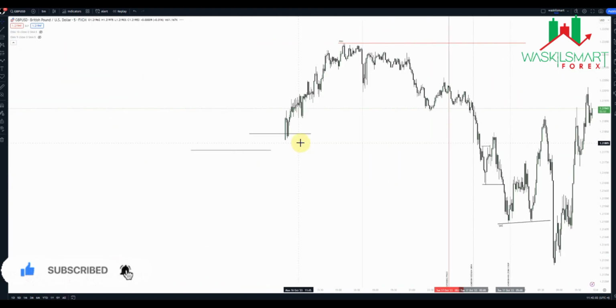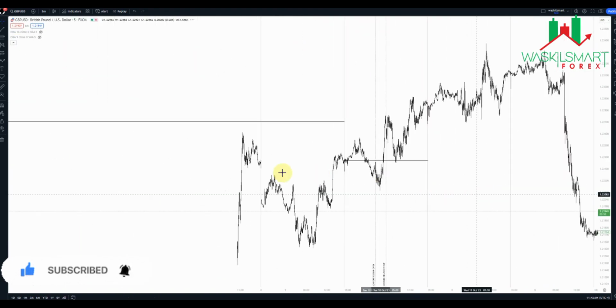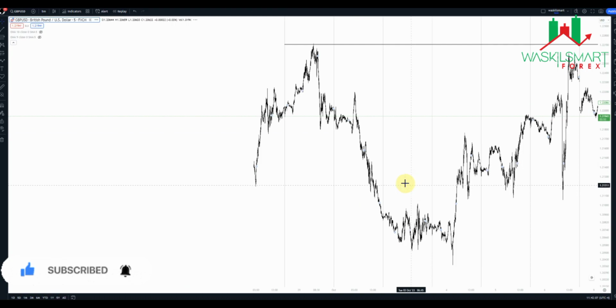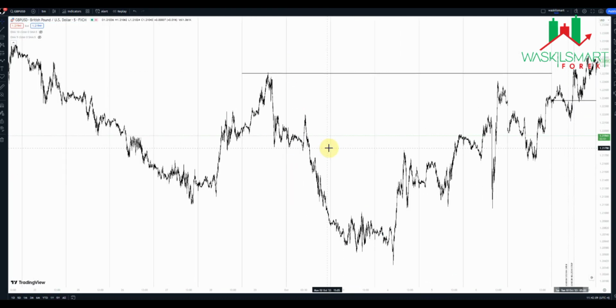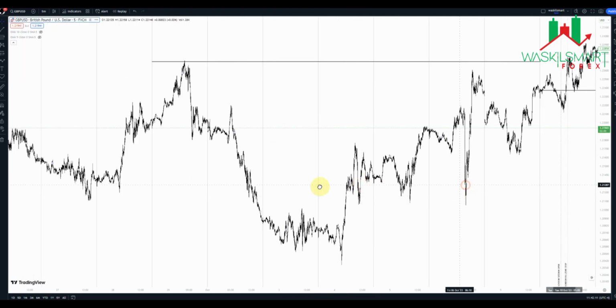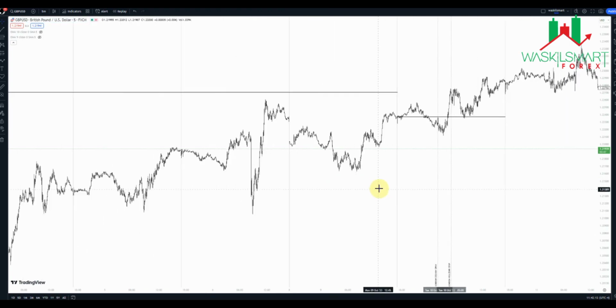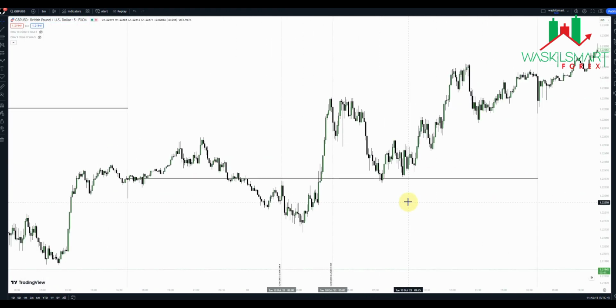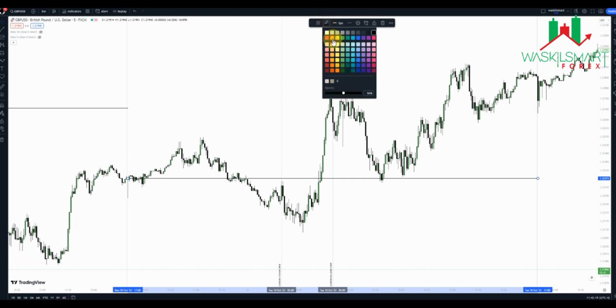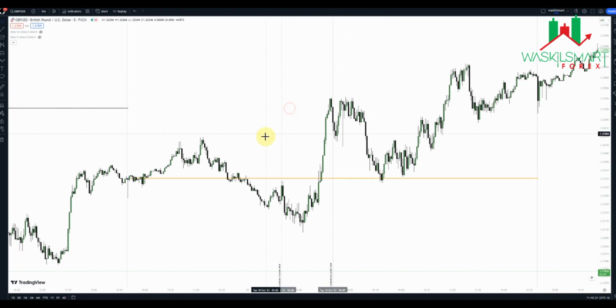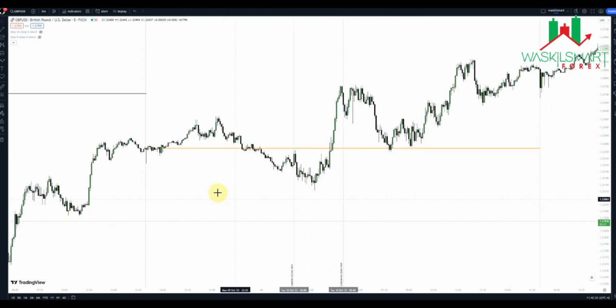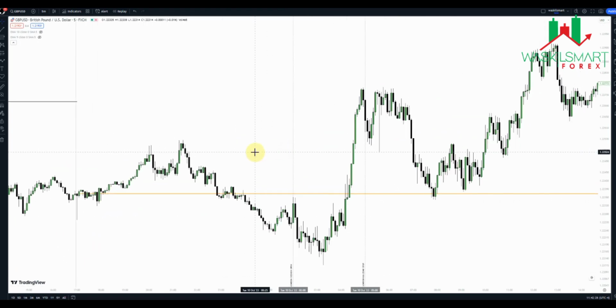So let's go down to 5 minutes. This is the opening price that we saw. Let's give it a color. This is the opening price we saw.